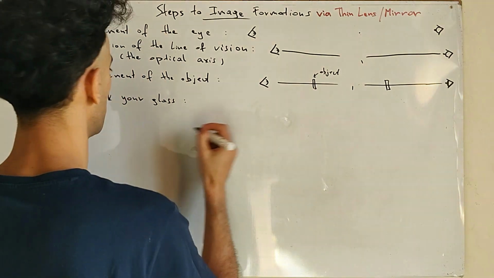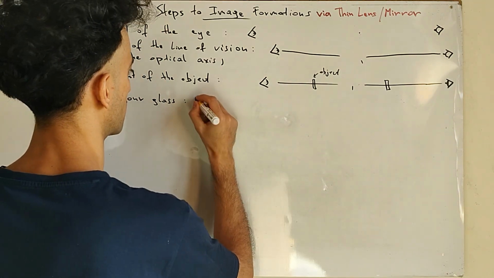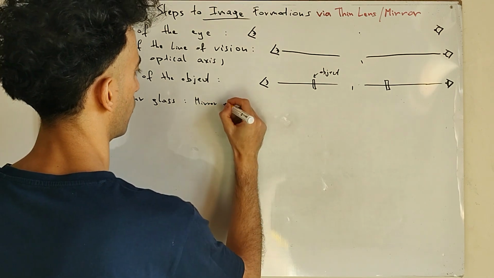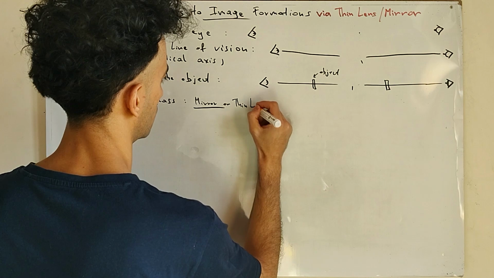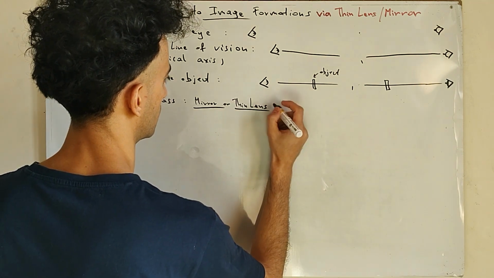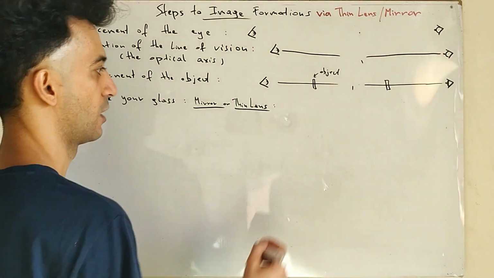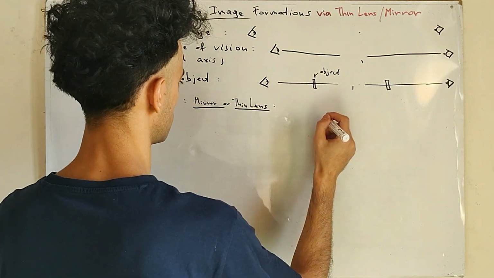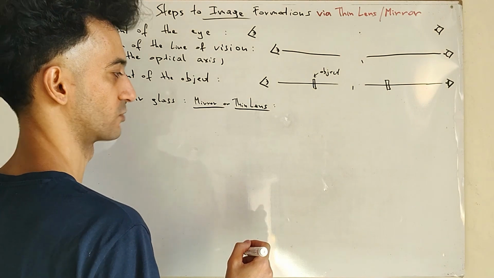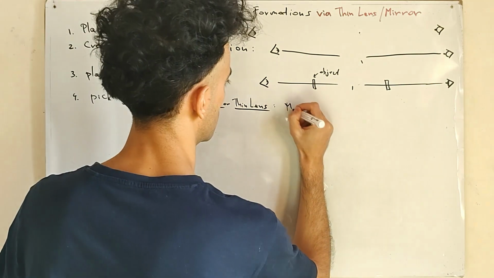So, object, pick your glass. What do we have? Mirror or thin lens? Right? Which one do you pick? Well, first of all, let's see how they look. Mirrors. What do mirrors do?